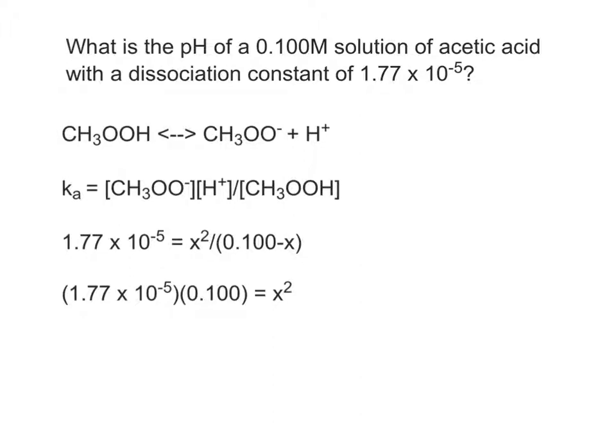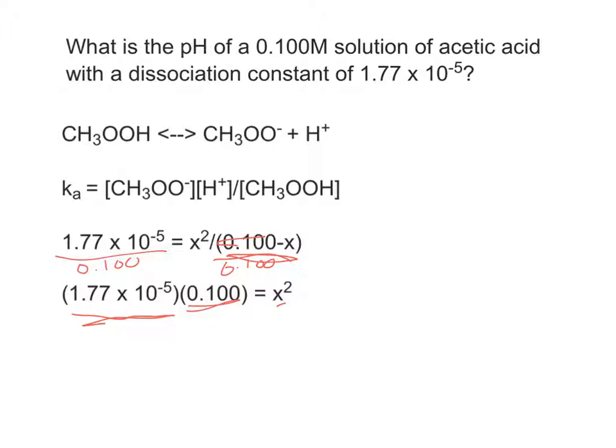So if this is really going to be pretty much 0.1 minus 0, then to solve we would multiply both sides by 0.1, because this is already divided. And we end up with 1.77 times 10 to the negative fifth times 0.1 equals x squared.